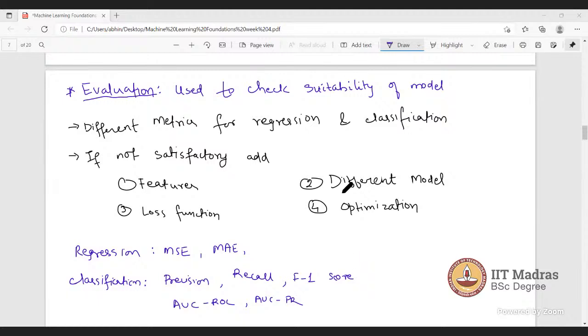We can also change the loss function, or adopt a different optimization process if our model is not working properly for the test set. This is what we do in evaluation. If the metric is satisfactory, well and good. If not, we try different things.